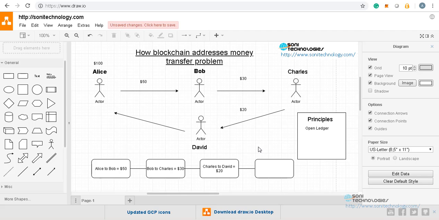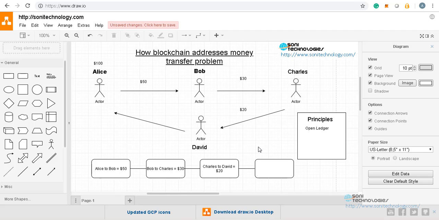So this is the concept of open ledger. It is essentially a chain of transactions, and this is one of the reasons that it is called a blockchain. Here we are not discussing the block. It is just an open ledger where entries are connected to each other, and it is open and public to everyone.